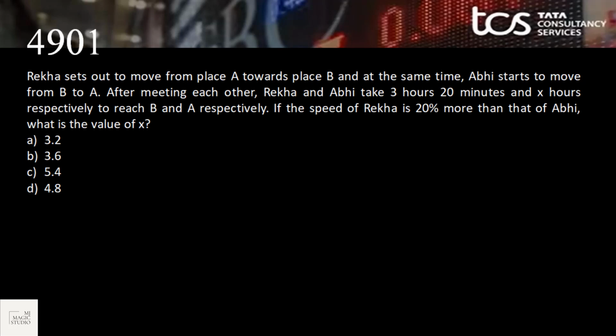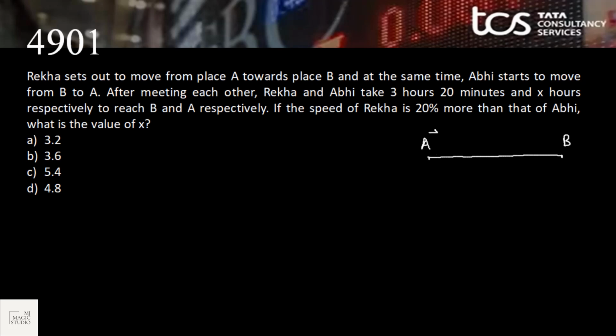So, on to the first one in this practice session. Before we read the question, let's analyze the situation, what is actually there in the question. Suppose A and B are at two ends of a road or a path.